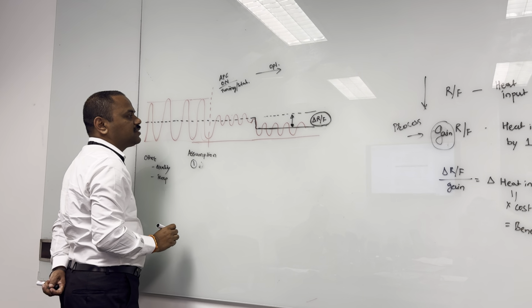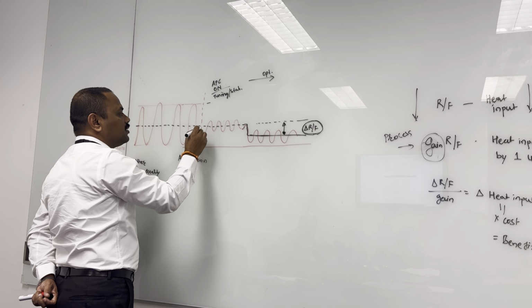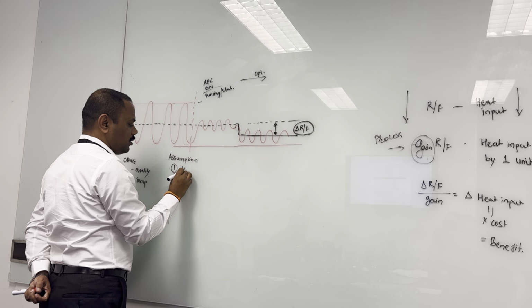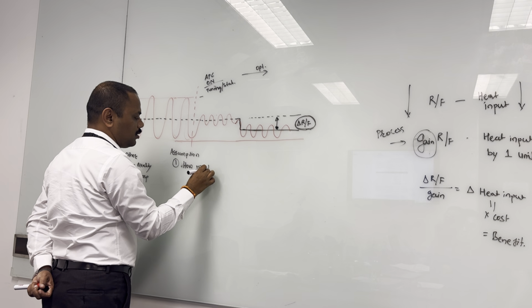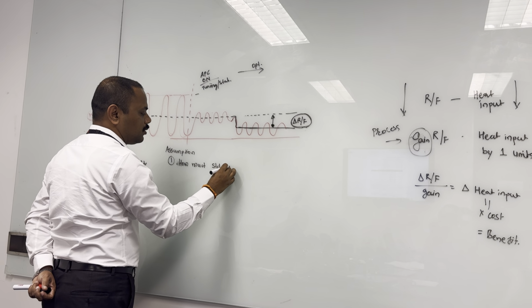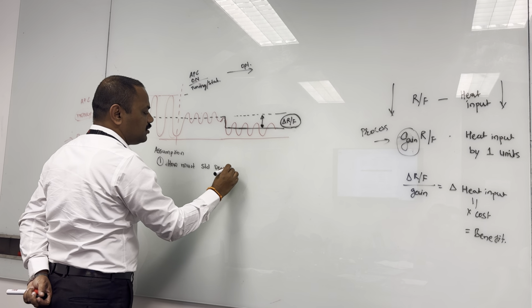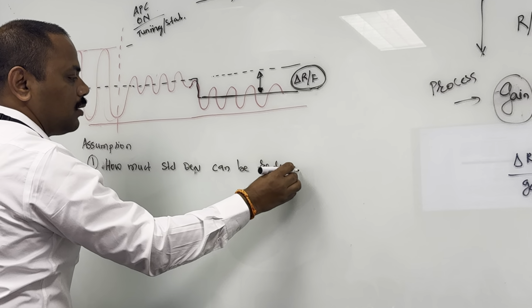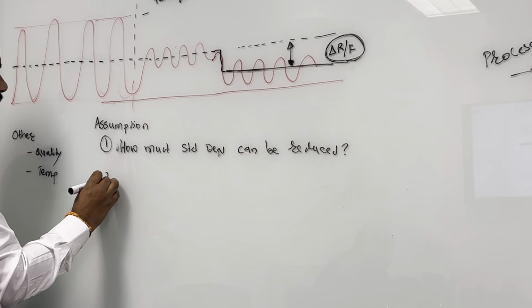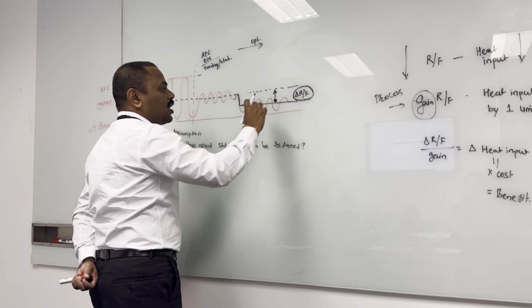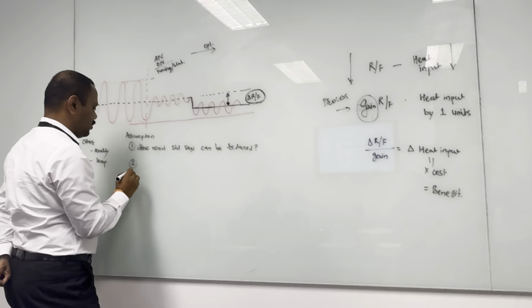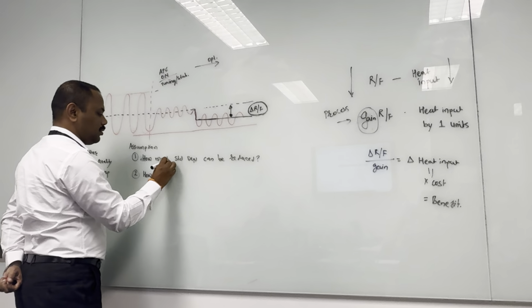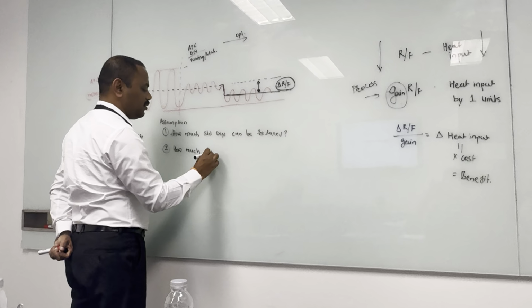Okay, the first assumption is how much this standard deviation we can reduce, how much this variation we can reduce. And the second is how much this limit can be shifted, how much the average can be shifted.